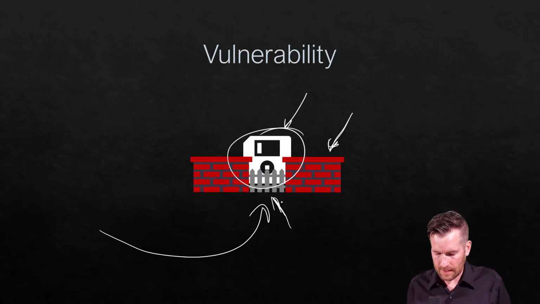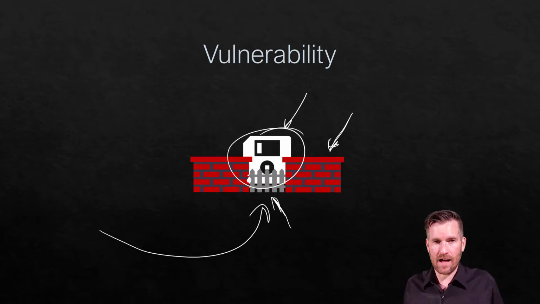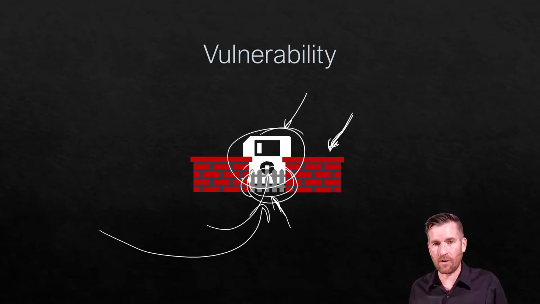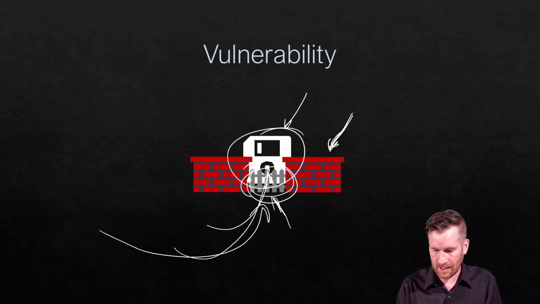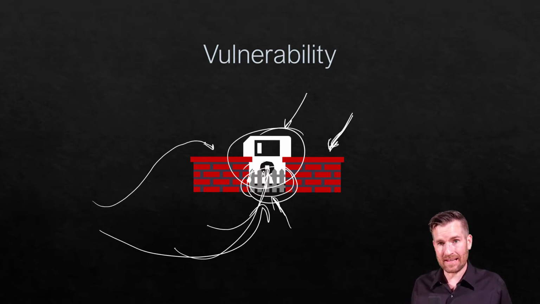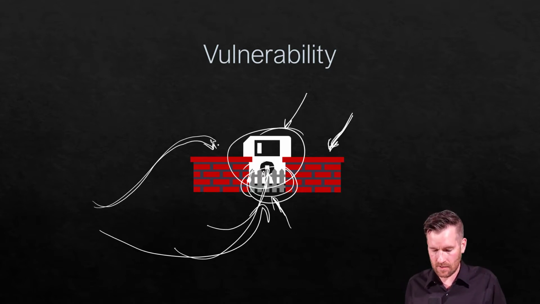An example is that there is a lock on this gate, and that lock can be picked or broken to open up the gate and get inside. Or the gate itself is not as strong as the wall, so the gate can be broken down, and that way a hacker could get to this data. Or perhaps there's no ceiling on this structure, so there's a way they can scale the wall and get into the data.